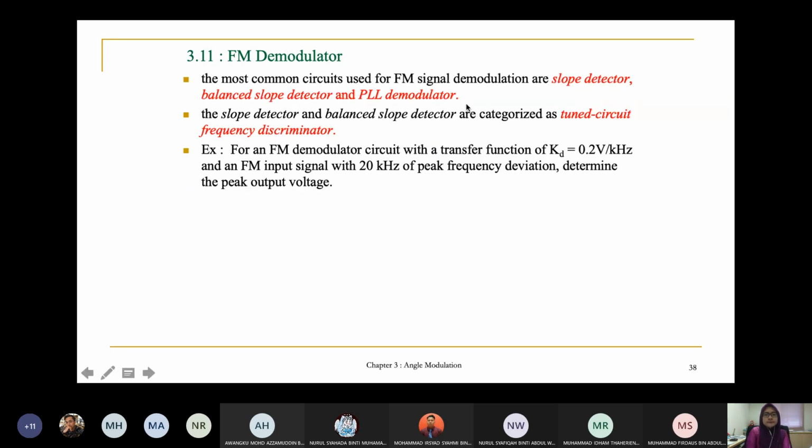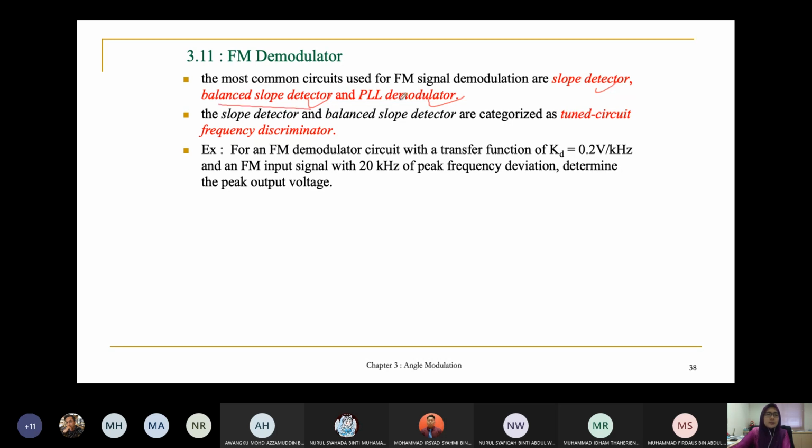For the FM demodulator, the most commonly used circuits are the slope detector, the balanced slope detector, and also the PLL demodulator. Take a look here.